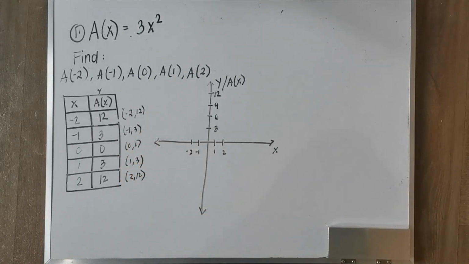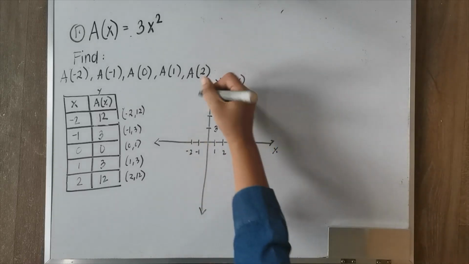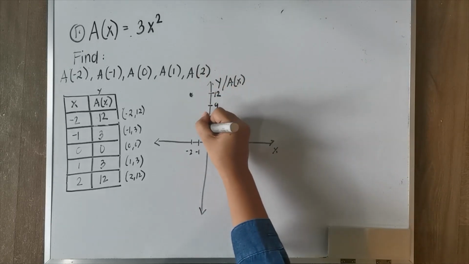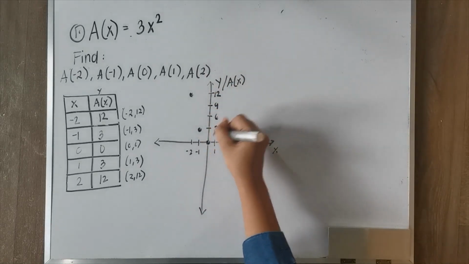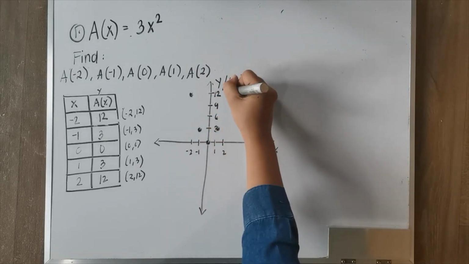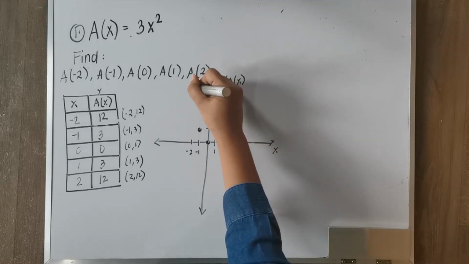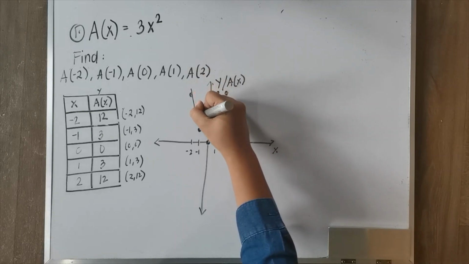So we will now plot. We have negative 2, positive 12. So our first point is located here. The negative 1, positive 3, 0, 0, 1, 3, and 2, 12. Connecting now the points, we have to create a smooth curve.